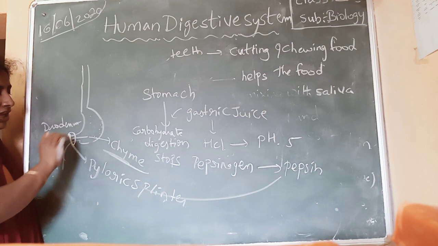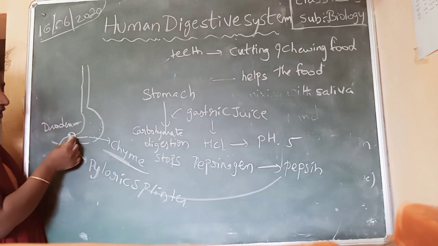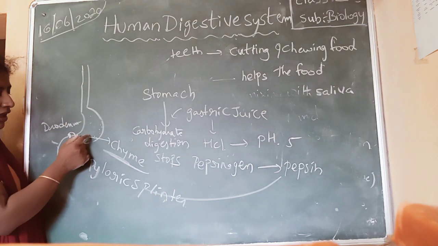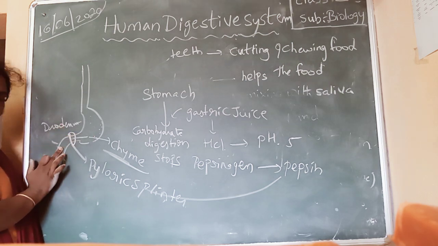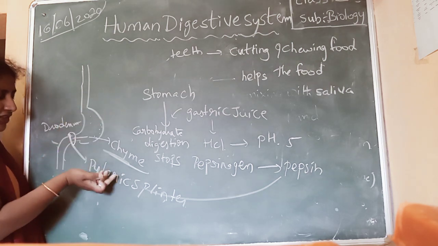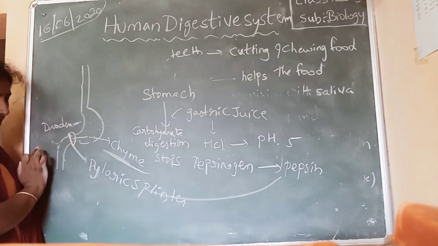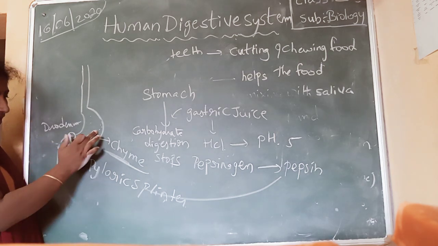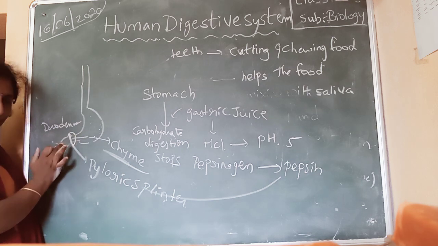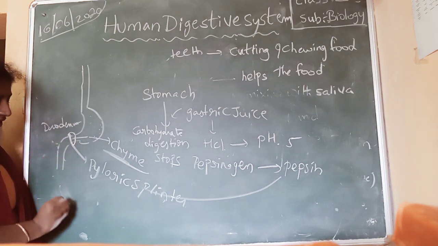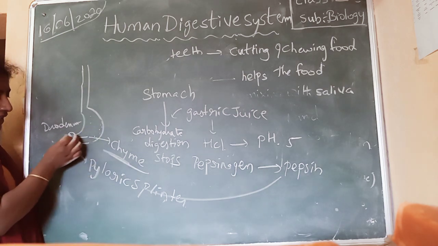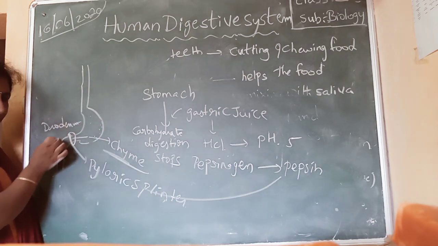The pyloric sphincter closes, afterwards it opens and sends some of the chyme into the duodenum. Then it closes. Then it opens and again sends some chyme, and then closes again.